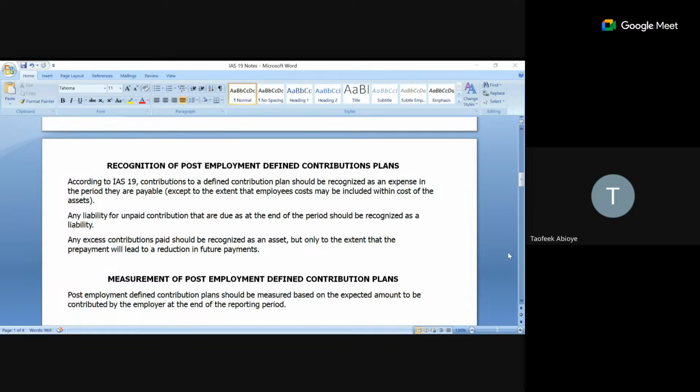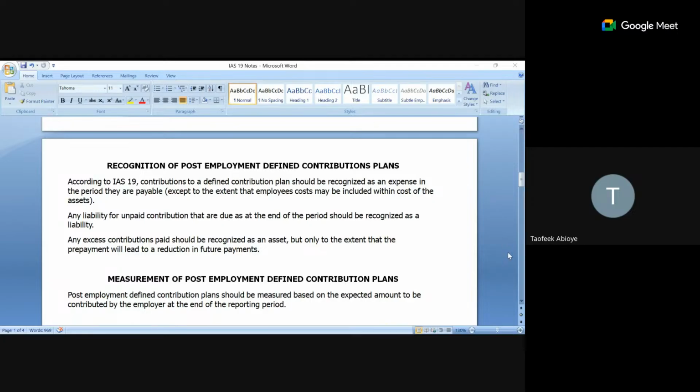And immediately you are investing in that plan, it means it is an asset. Remember, an investment is an asset. When you have an investment in your financial statement, it is an asset. So that is why in IAS 19 they call it plan asset.